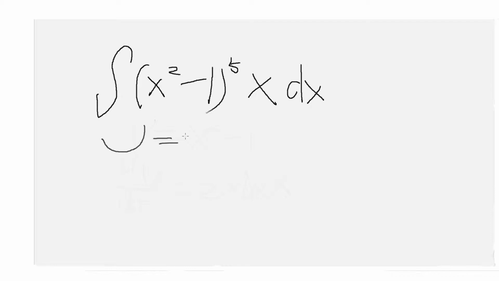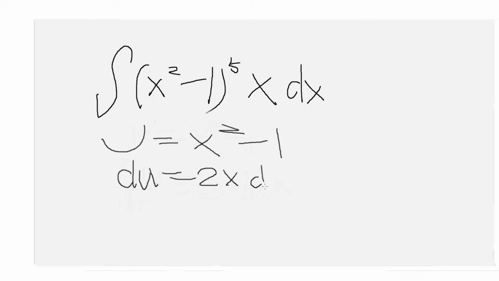Therefore, u equals x squared minus 1. Therefore, du equals 2x dx. And therefore, x dx equals 1/2 du. And therefore, we substitute everything into the original.